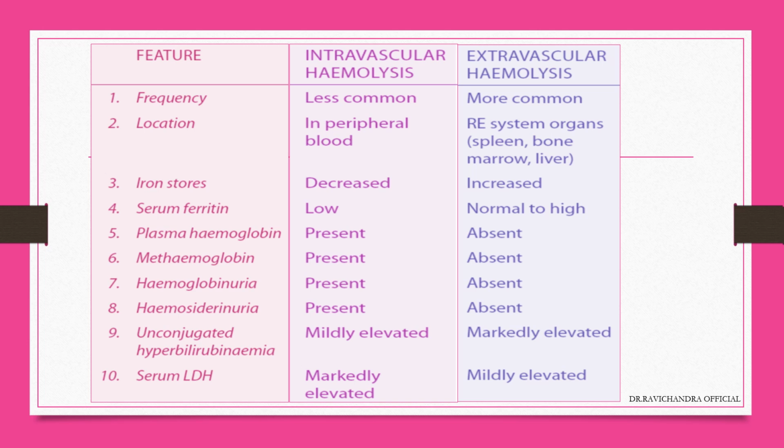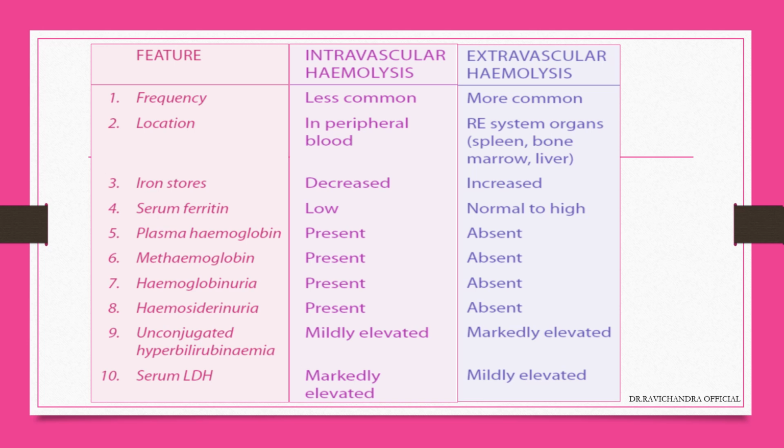In the exams, they may ask you a 3-mark or 5-mark question: what are the differences between intravascular hemolysis and extravascular hemolysis? They can be differentiated under 10 factors. First, frequency: extravascular hemolysis is more common. Location: intravascular hemolysis, as the name indicates, is within the blood vessel, in the peripheral blood.